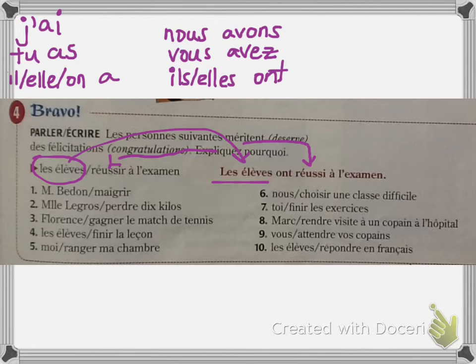Okay? So, again, these forms of avoir are what's going to be right here. So again, what I'd like you to do is say these and then listen for the confirmation. Numéro 1, we have Monsieur Bedon and maigrir.